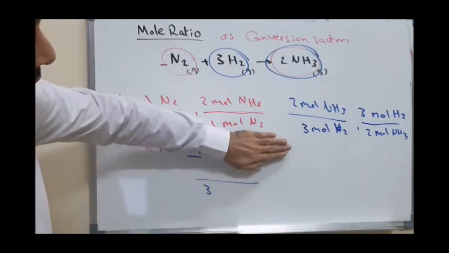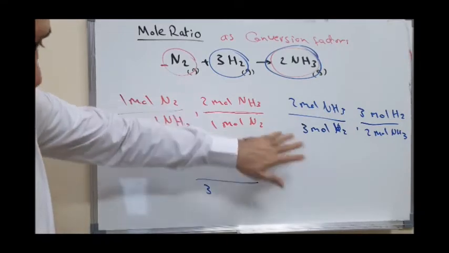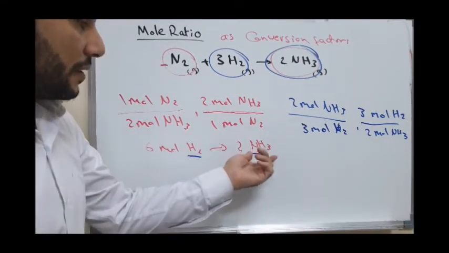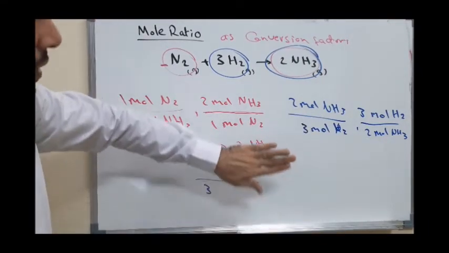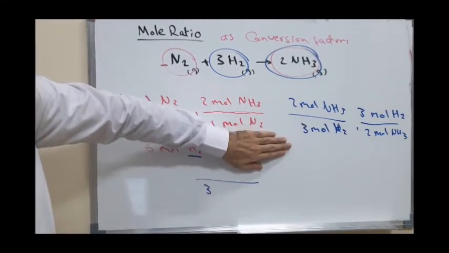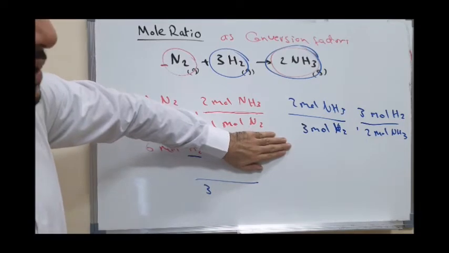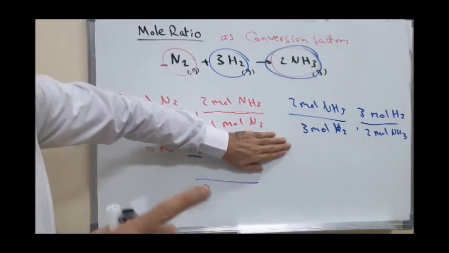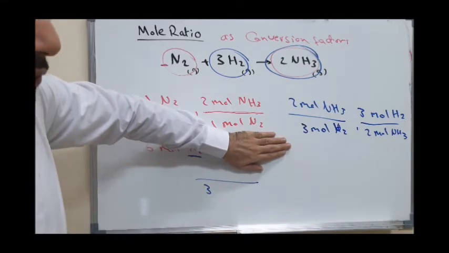In this case, we will ignore the equation itself. We now know that the relationship is between hydrogen and ammonia. So ignore the question and don't look at the numbers in it right now. Just try to conclude the conversion factor.